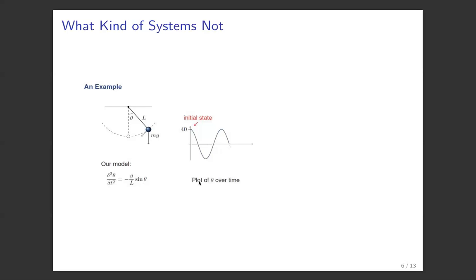And your notion of time will also be more real time. That is the kind of systems that we don't deal with, although there are model checking algorithms that do deal with these.